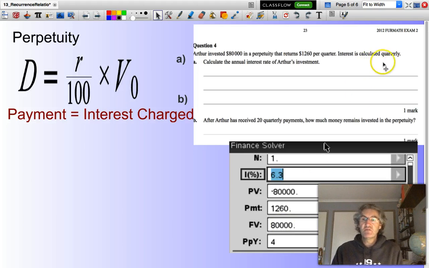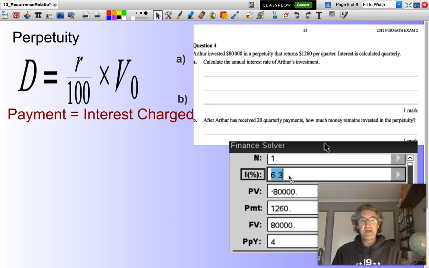Now, interest is calculated quarterly, so I need to have 4 payments per year, and there's only one. We're only really interested in the next payment. Leave this one blank, then hit enter, and you will end up with 6.3%. It's probably the simplest way to actually solve this question.